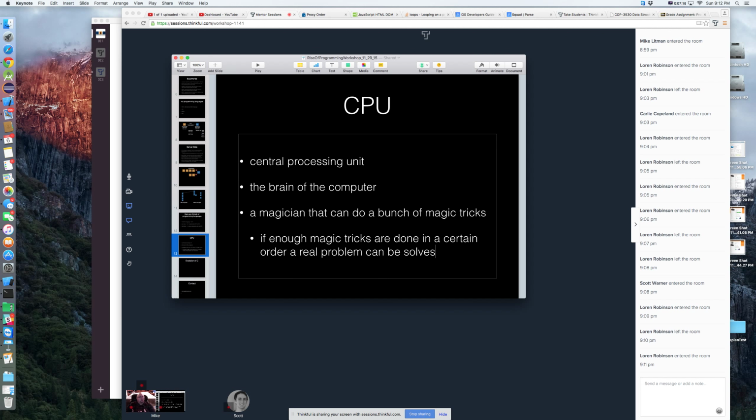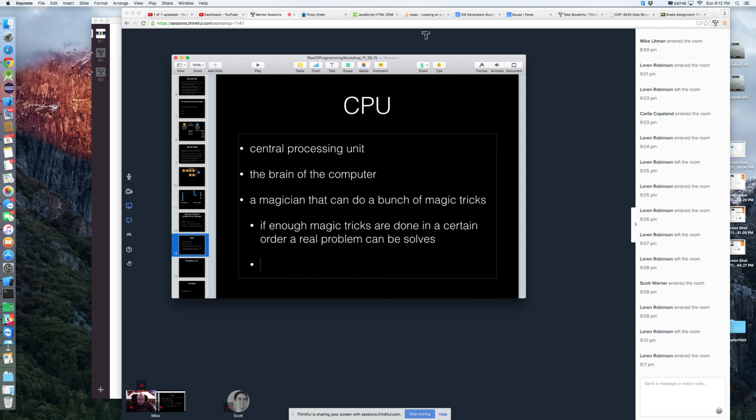So at its core, a CPU is essentially a hardware version of a whole bunch of little functions or procedures or methods, however you want to think about it. It's really a computer program that's been turned into hardware for performance, for speed. But there's just a whole bunch of little tiny things that do something on the CPU.